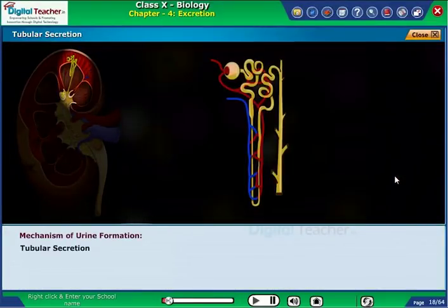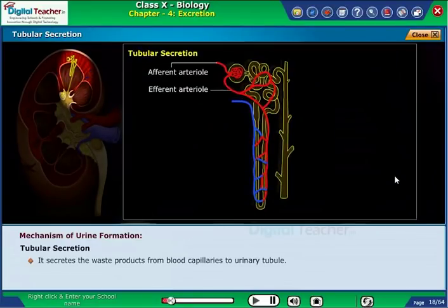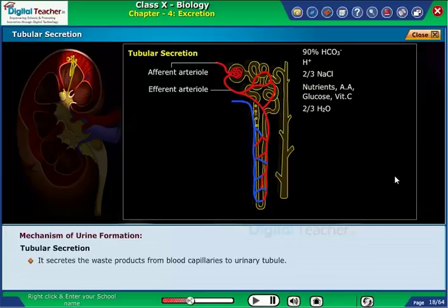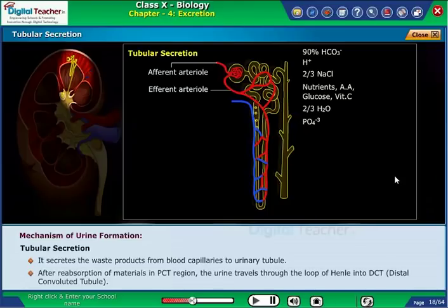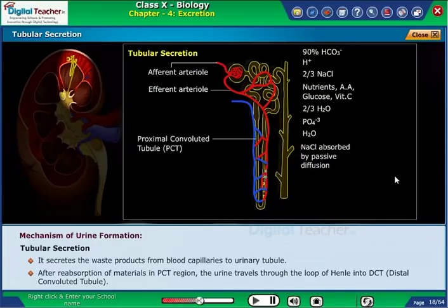Tubular secretion. It secretes the waste products from blood capillaries to the urinary tubule. After reabsorption of materials in the PCT region, the urine travels through the loop of Henle into the DCT, distal convoluted tubule.